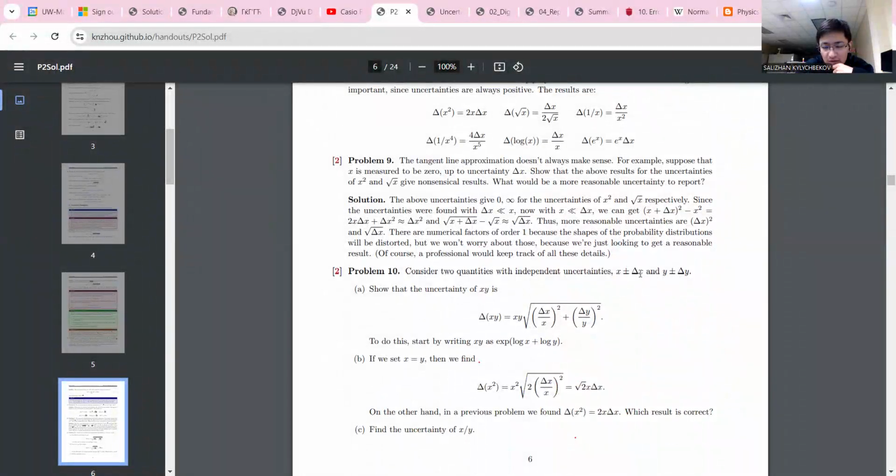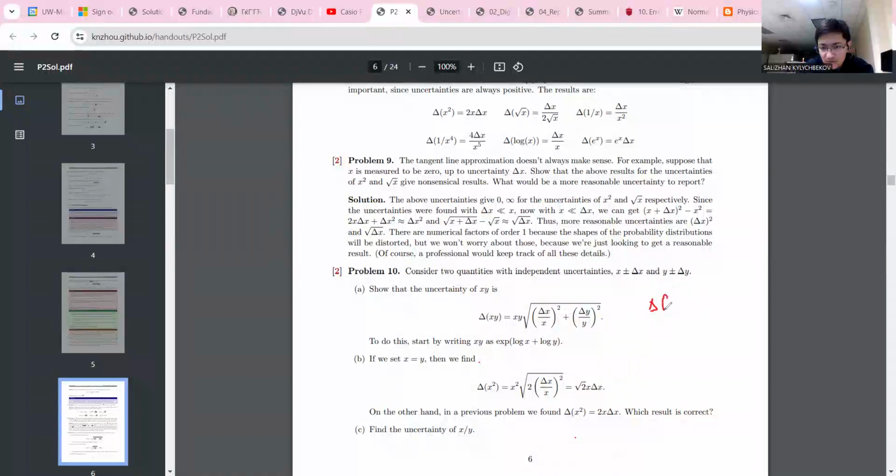Now you are doing independent measurements of multiple variables, not only a single one. Here you just have to remember the equation that I wrote previously.